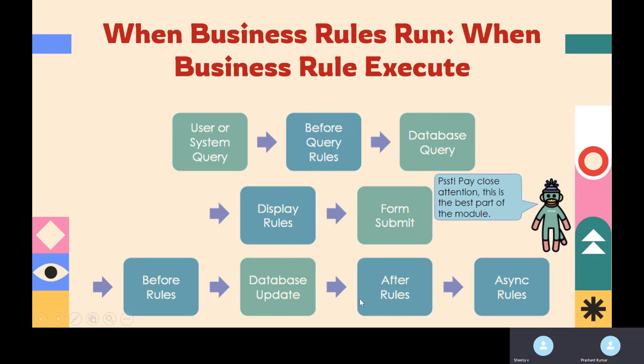So you might be thinking, after form submission and the database is committed, why are we executing this after business rule, right? There might be that question. So I will tell you one of the cases. Suppose we have the incident table.